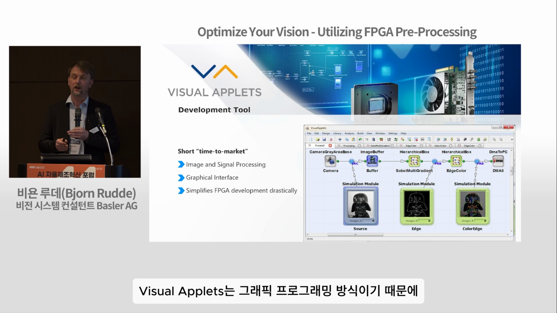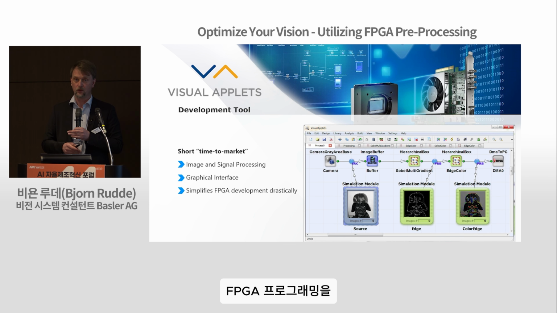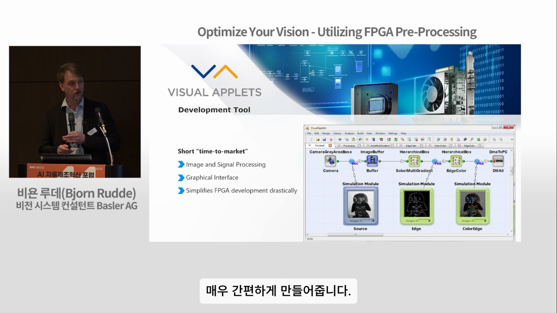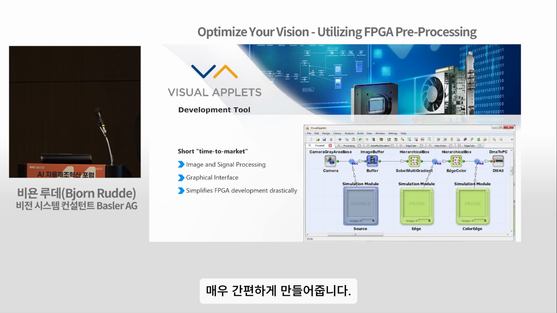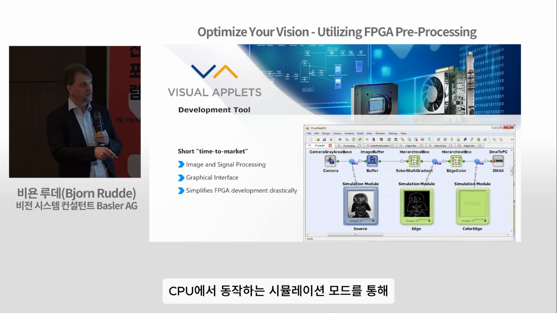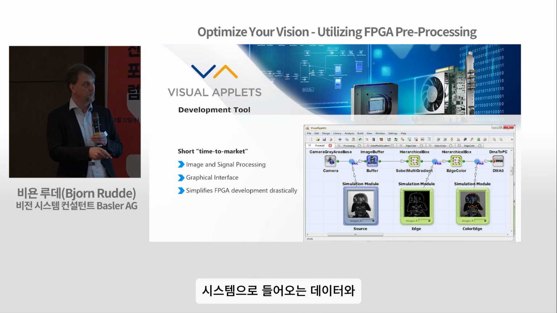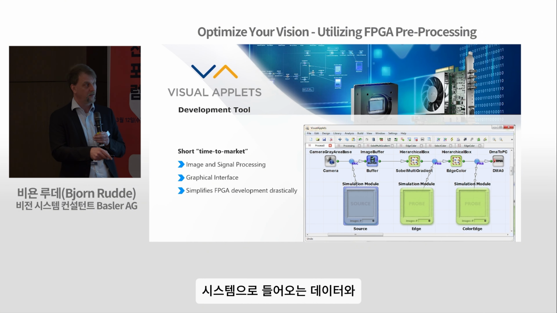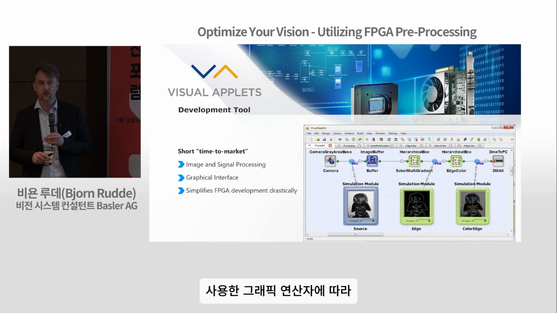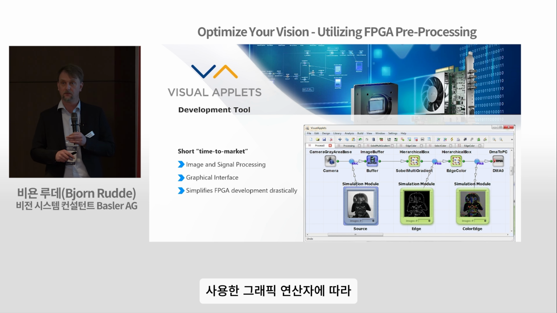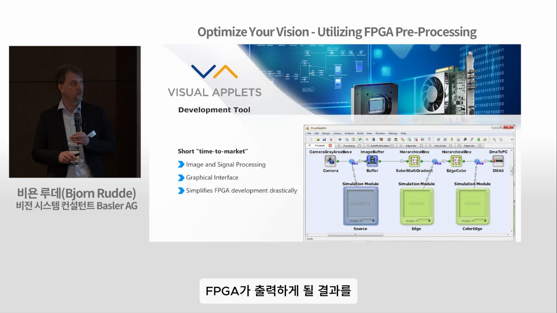While it's a graphical language in order to program the FPGA, it's very easy to use. So as you can see here, you can use a simulation mode driven by a CPU to see what the FPGA bit by bit would produce as a result based on the data coming into the system.